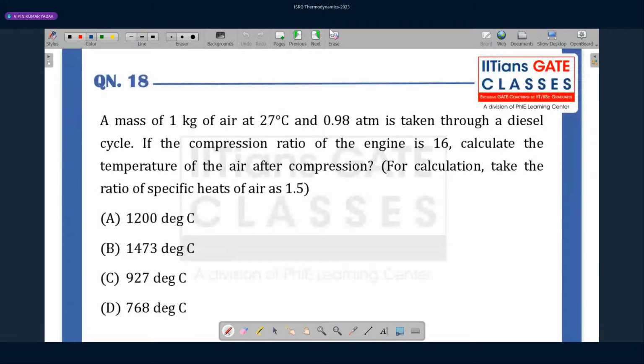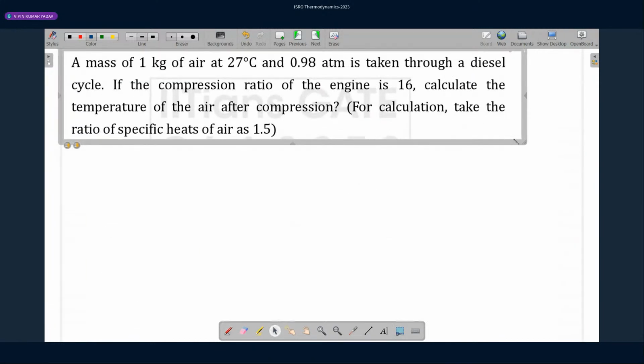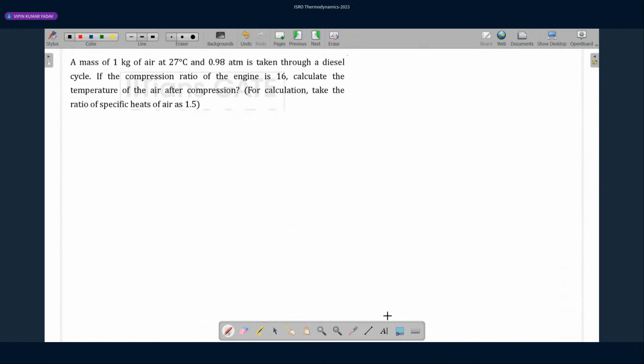Okay. Now, a mass of 1 kg of air. We have a diesel cycle here. So let me take this on another page. I hope you all know the diesel cycle, right? On the PV diagram, one constant pressure process, one constant volume process.